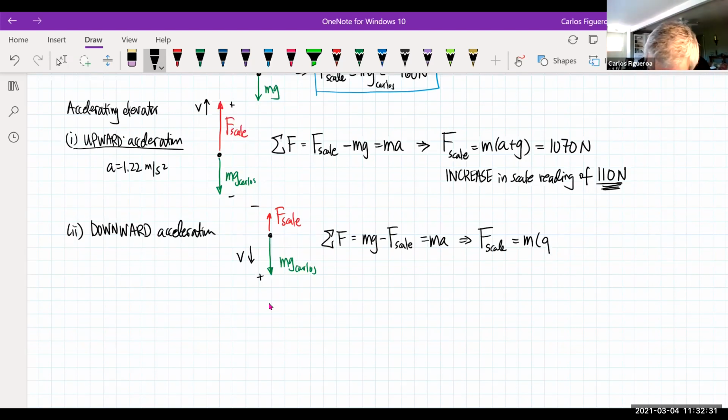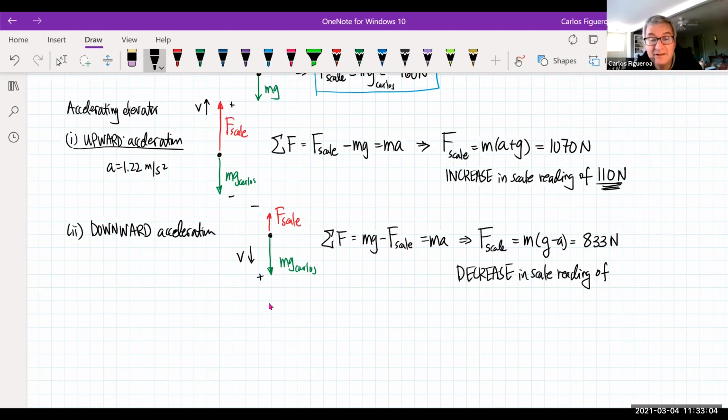And the way it changes is that it now reads 833 newtons. This is a decrease in scale reading from where we were at 960.